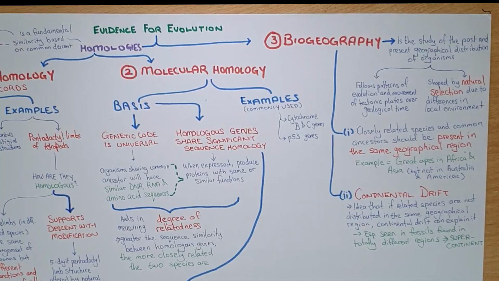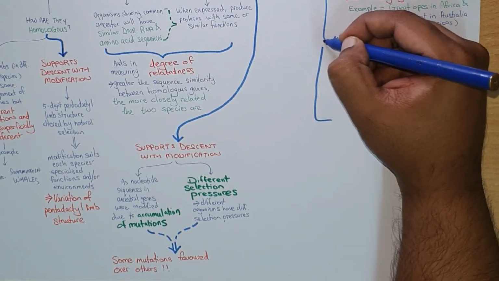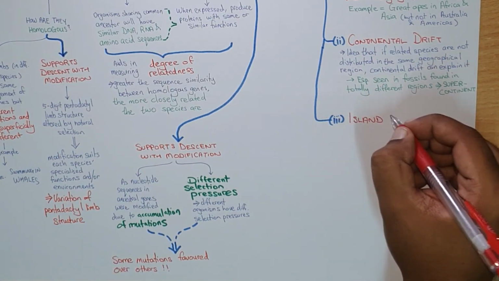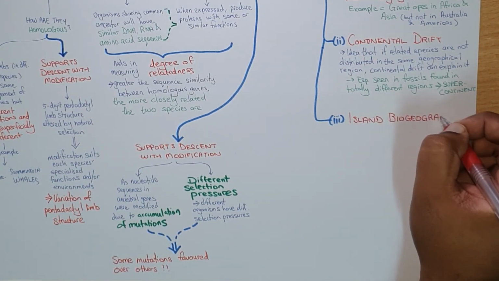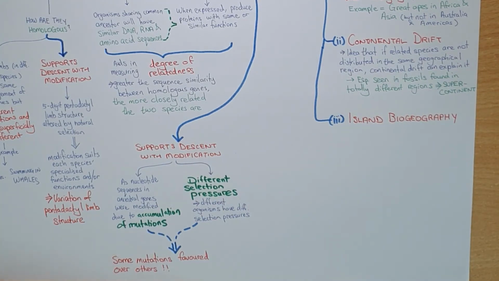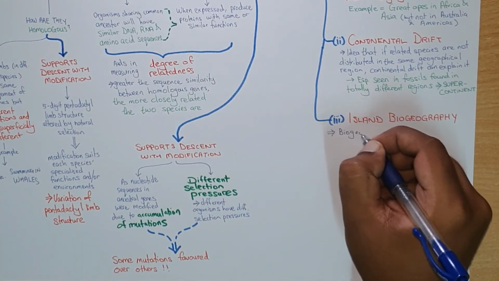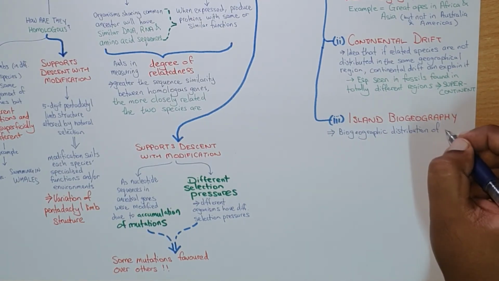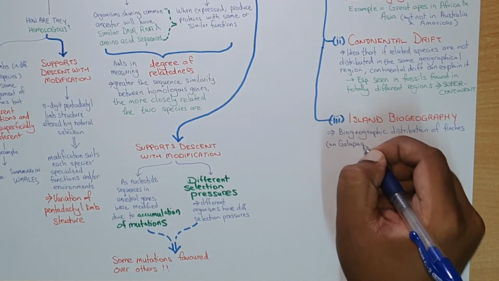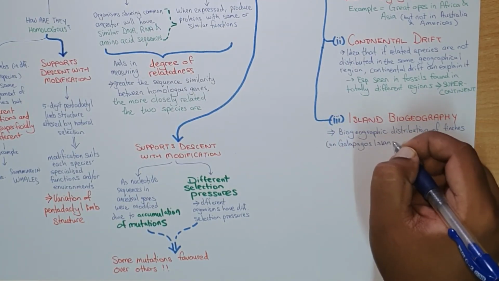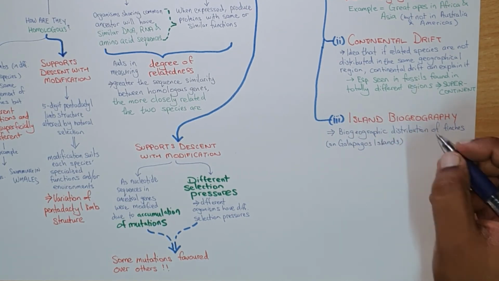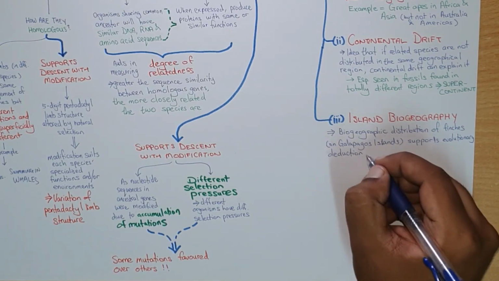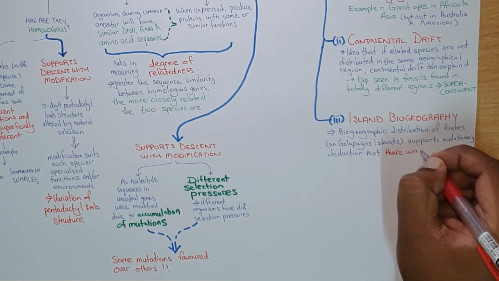Then the third and final key idea that we are looking at with regards to biogeography is that of island biogeography. Why there are certain distributions on islands as opposed to the mainlands. Island biogeography talks about the biogeographic distribution, and in a lot of cases we've seen the biogeographic distribution of finches on the Galapagos Islands. It supports the evolutionary deduction that there was descent with modification.